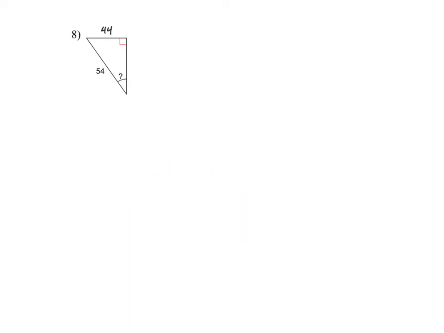In this case, let's name this angle C. For angle C, I have the opposite and the hypotenuse. That means sine of angle C equals 44 over 54. I'm going to simplify that, so I have 22 over 27.